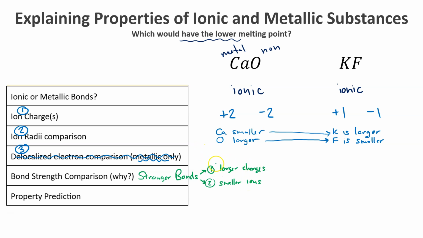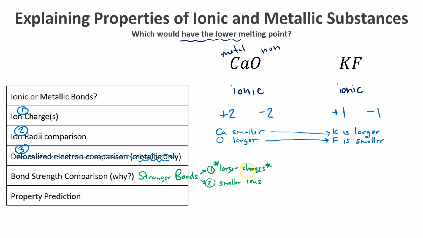And I'm going to add one little asterisk next to number 1, because a larger charge magnitude often plays a larger role than the sizes of the ions. And that's going to be key here, because remember, my comparisons in ionic radii were all over the place, right? Some are smaller, some are larger. There's no clear-cut difference between these two compounds. However, that ends up not mattering at all, because I have a very clear difference in the more important factor.